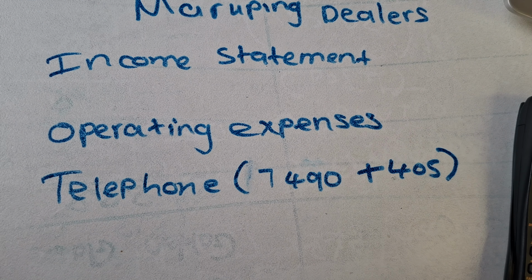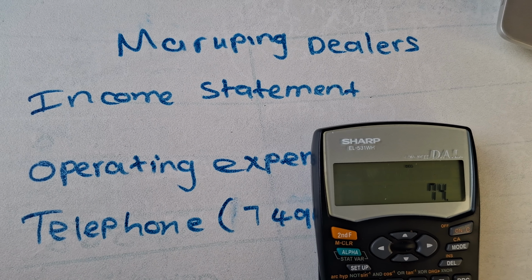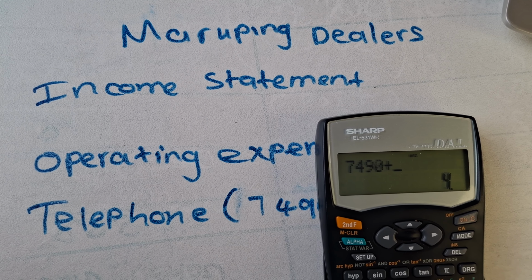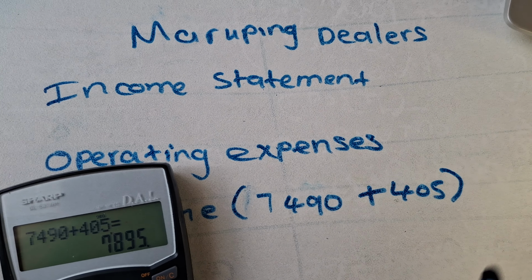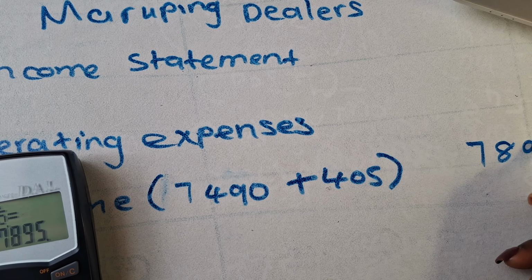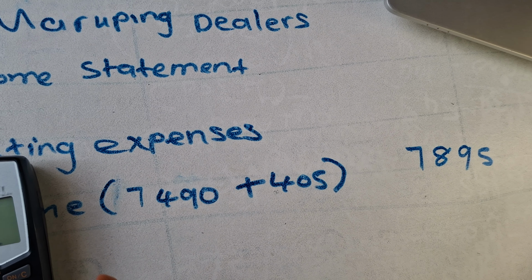So if you add the two, 7,490 plus 405, then you will have your telephone as 7,895 in the income statement.